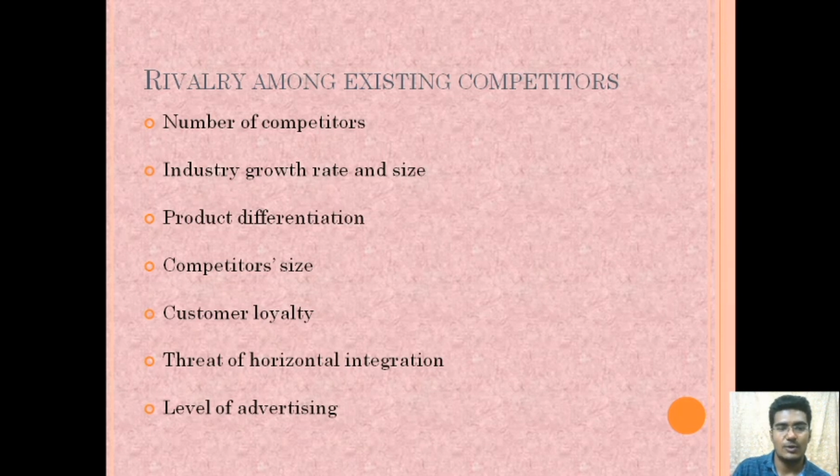And next one is product differentiation. As I said, product differentiation is nothing but the seller has to contrast his own product to highlight the features of his product. For example, let's take the automotive sector. Tata, Maruti Suzuki, Renault, they all manufacture cars.